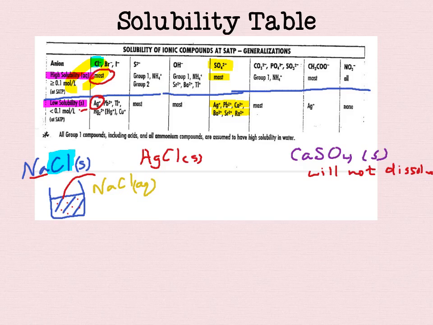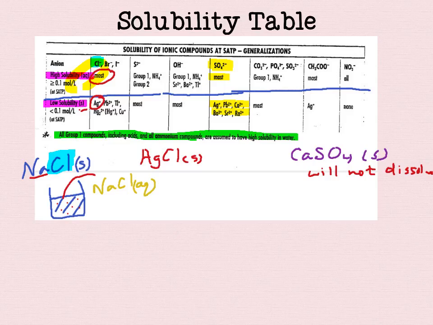Now, there are a couple of tricks to this table that could save you a lot of grief and a lot of time. And it all comes down to following this important sentence at the bottom. This sentence says, all group 1 compounds, including acids, and all ammonium compounds are assumed to have high solubility. Let's translate what that really means.